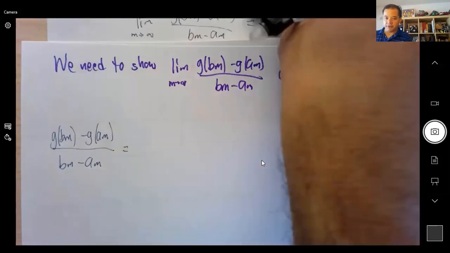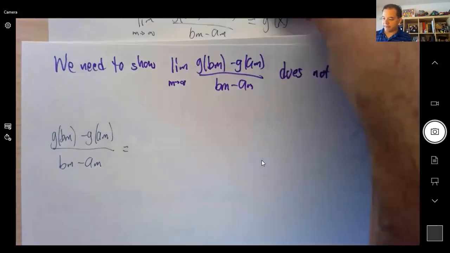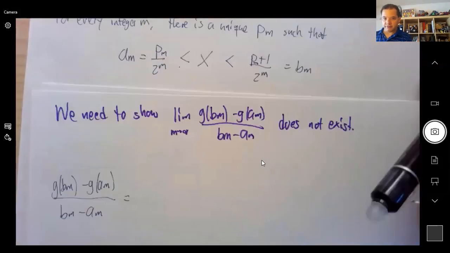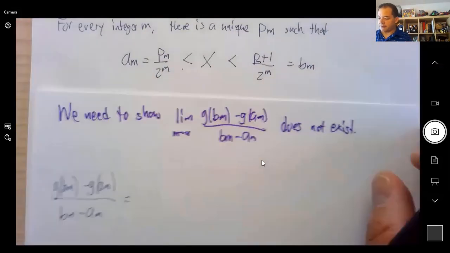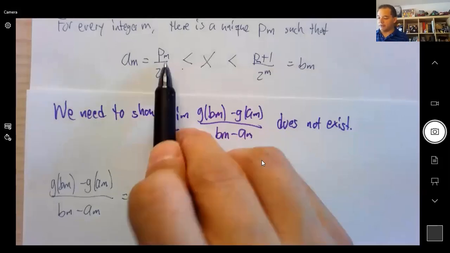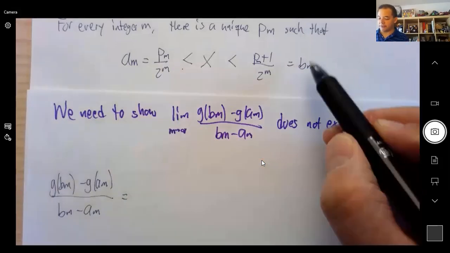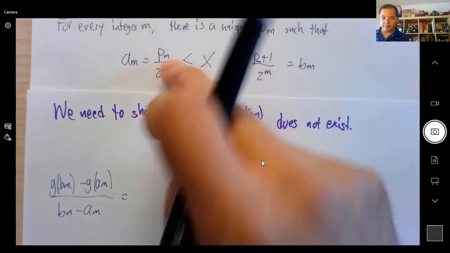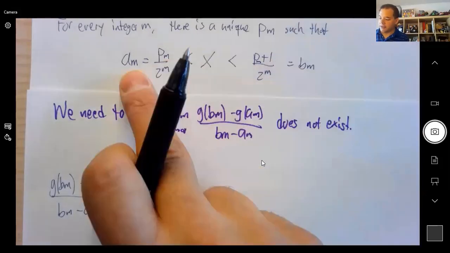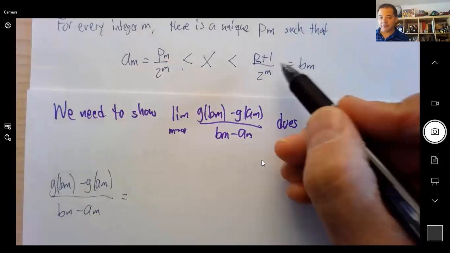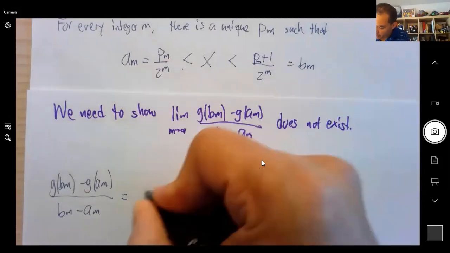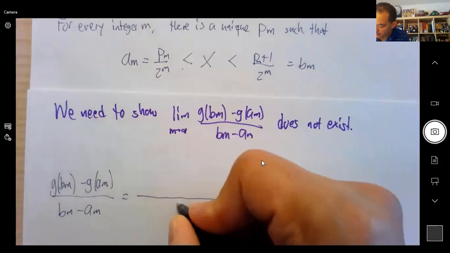Let me remind you of the definition: Am is some integer over 2 to the m, and Bm is the next one. So the difference, this number minus that one, is just 1 over 2 to the m. So the bottom is going to be 1 over 2 to the m.